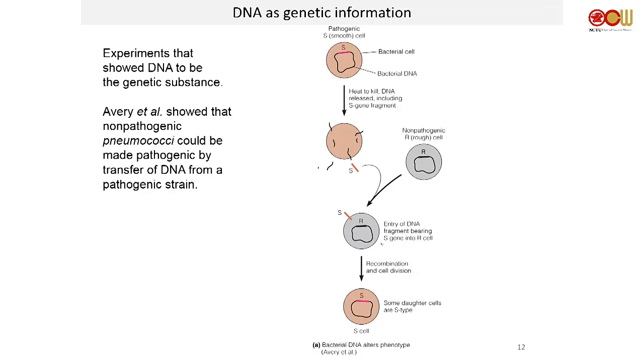So you first isolate the pathogenic bacteria, and we're going to call that the S cell, for smooth. Smooth is actually named after the phenotype that they display.